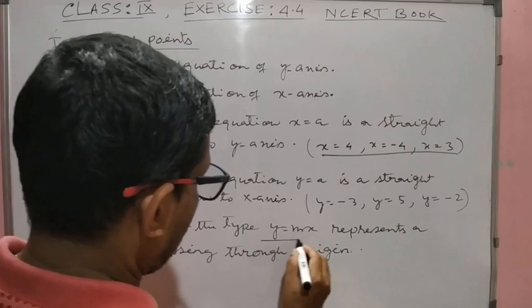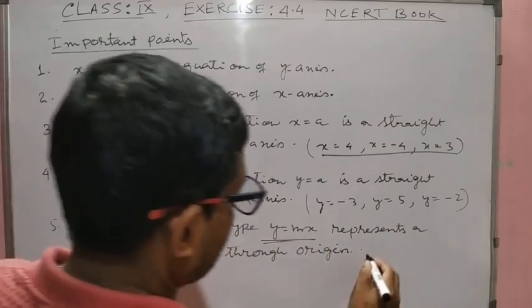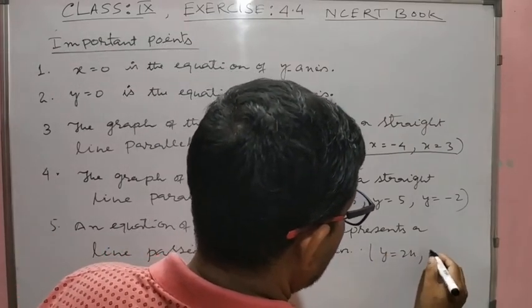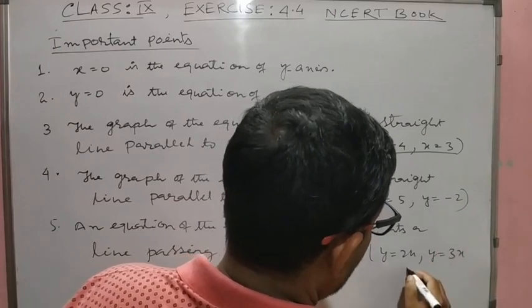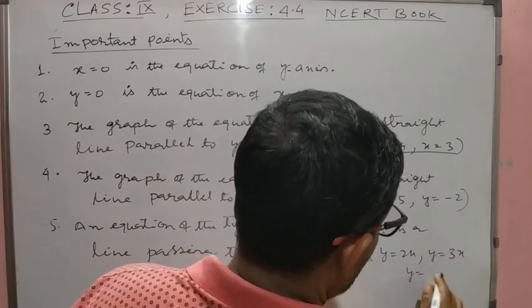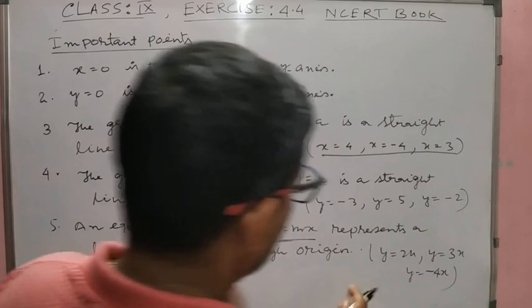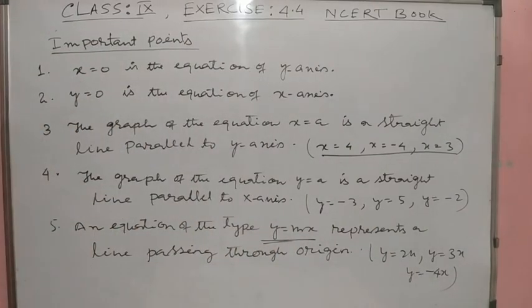So if we draw the graph of equations like y equal to 2x or y equal to 3x or y equal to minus 4x, the lines represented by all these equations always pass through the origin. Again you can check, the origin will satisfy all these equations.